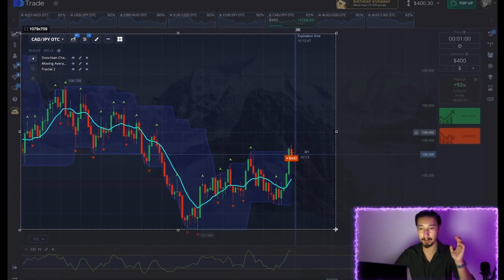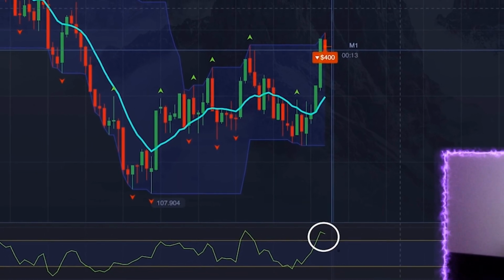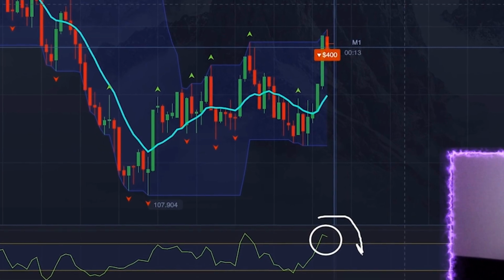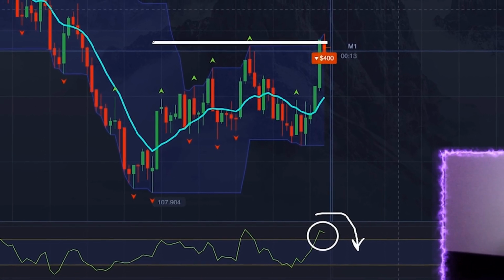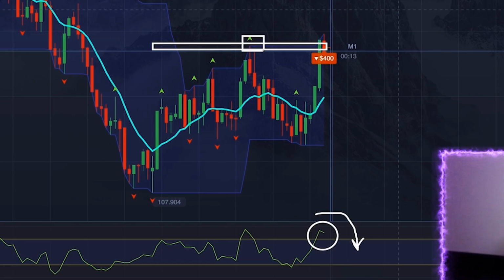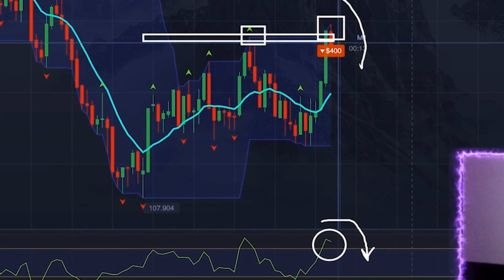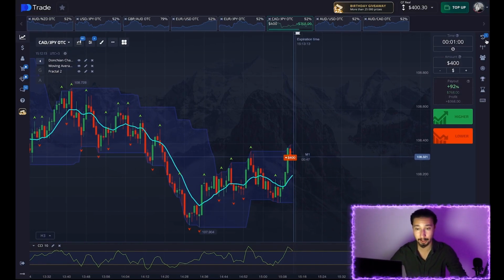However, here I'm guided by the fact that our moving line of the oscillator is in the overbought area. Accordingly, it should be followed by an exit downwards. Also, a good point of contact, the formation of a local maximum and touching the upper moving average of the channel indicator, which is why I opened a short position here.